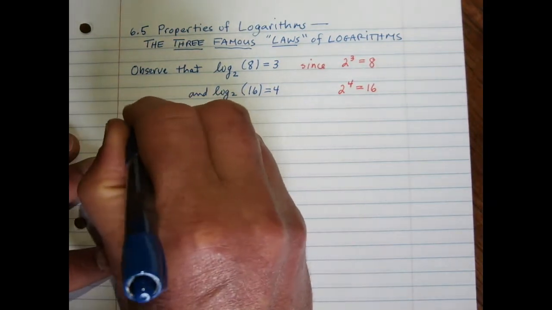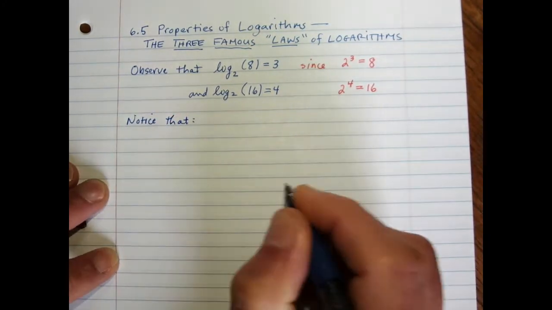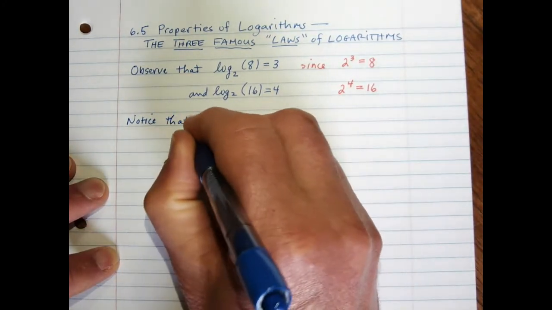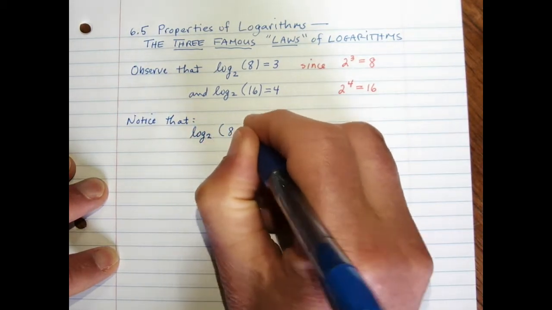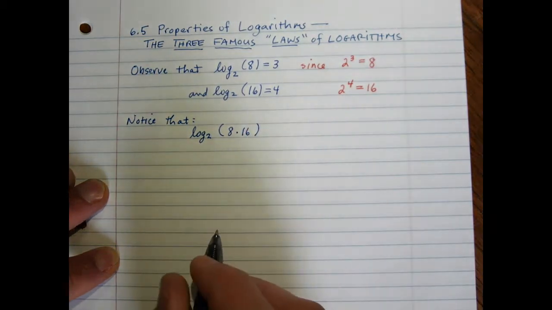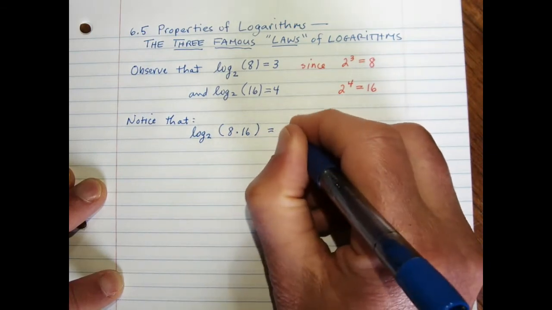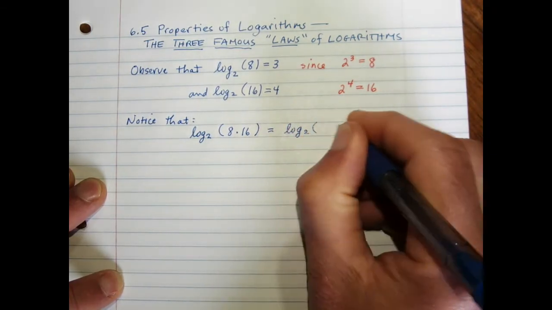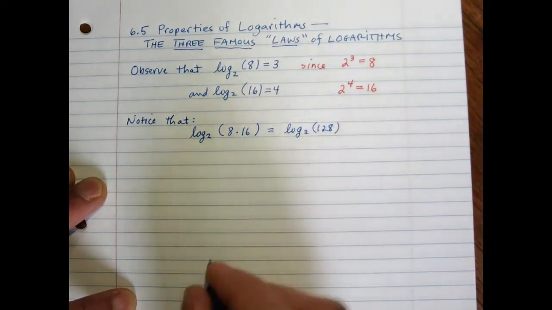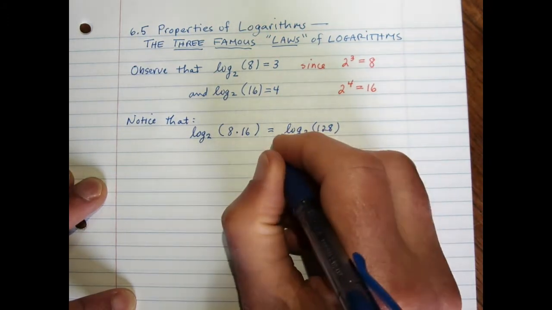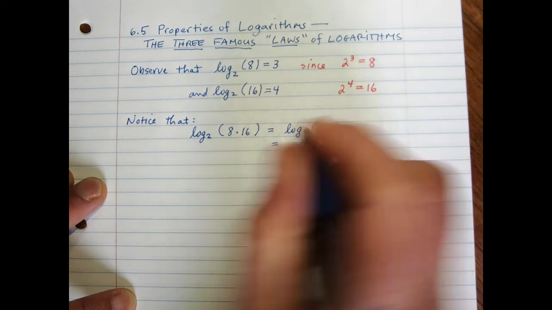Now, notice that if I take log base 2 of 8 times 16, so if I multiply 8 times 16, that comes out to be 128. And log base 2 of 128 is actually equal to 7.